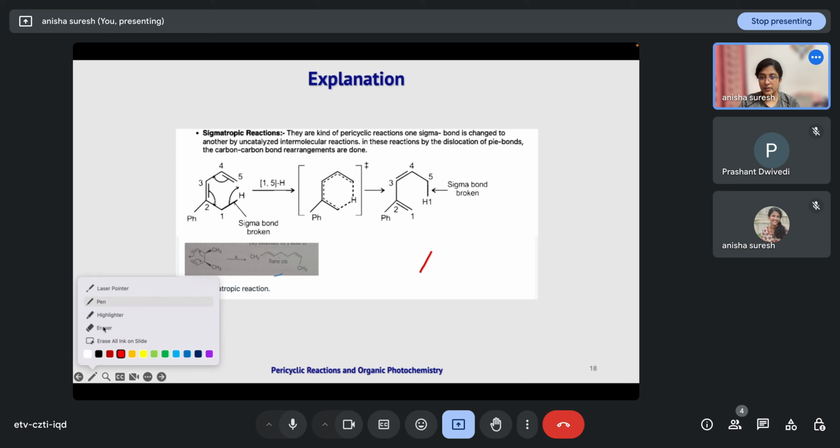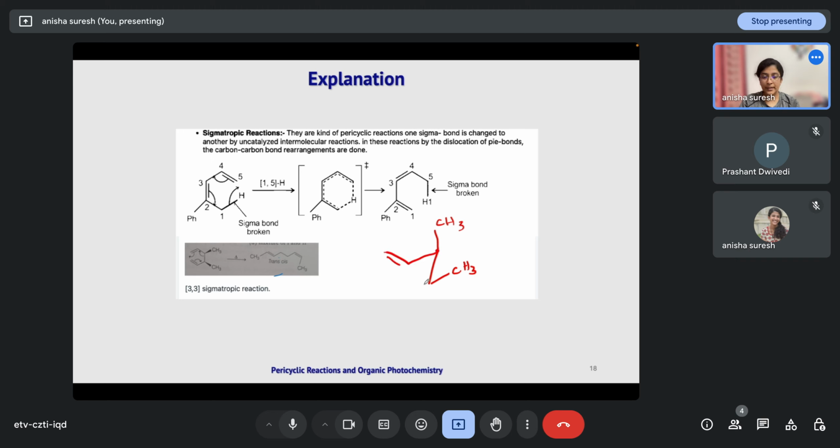So let me start drawing the chair conformation. Both CH3s are above the plane. So one will be axial and the other will be equatorial. And this is our system. It could be drawn like this in chair conformation.